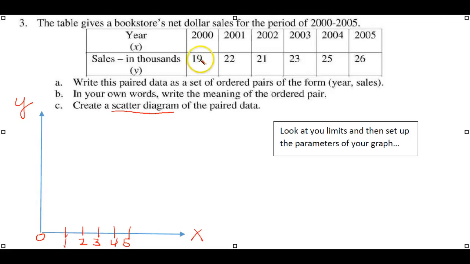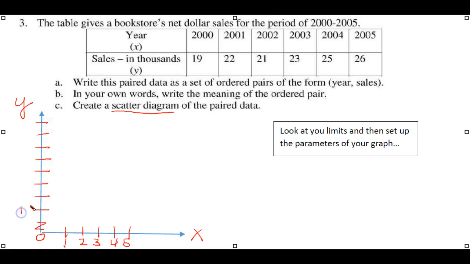Now, as we look at this data for the y-axis, it starts at 19 and goes to 26. So a technique that we could use is put a little wiggly line there to indicate we're going to start here at 19, 20, 21, 22, 23, 24, 25, 26.